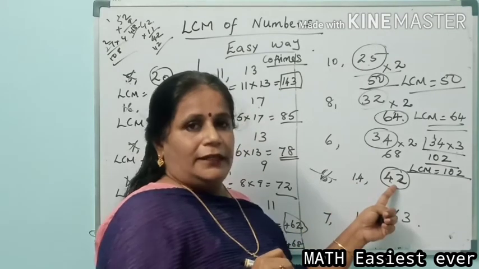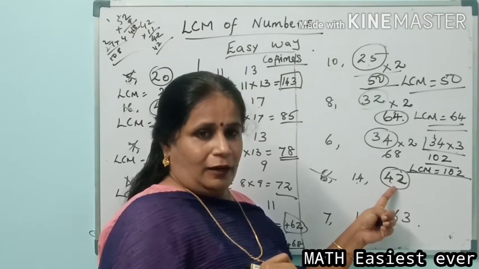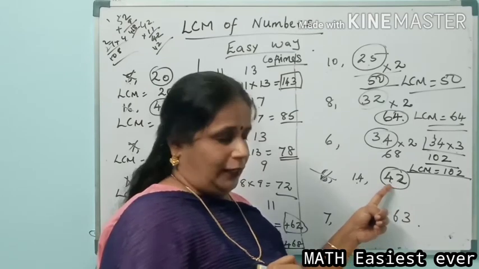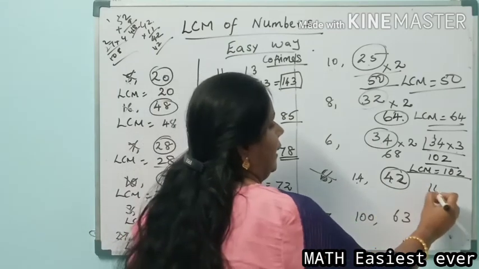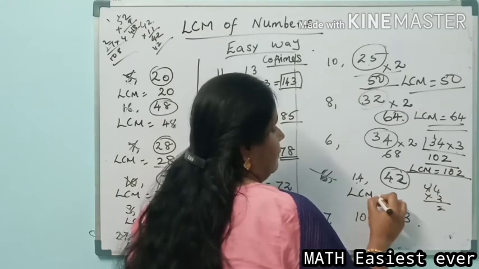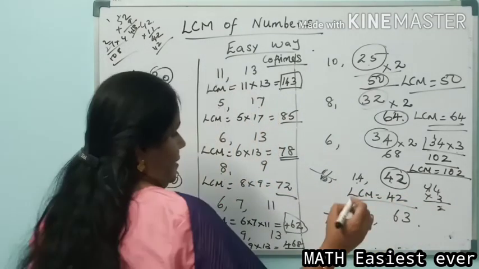Does 14 divide 42 completely? Yes or no? 14 2s are 28. 14 3s are 42. So, the LCM is 42. Hope it is clear.